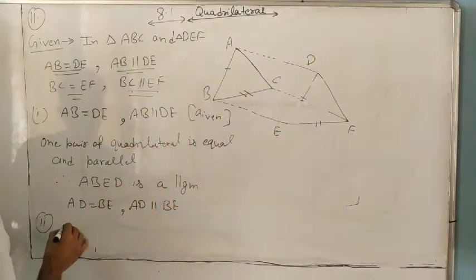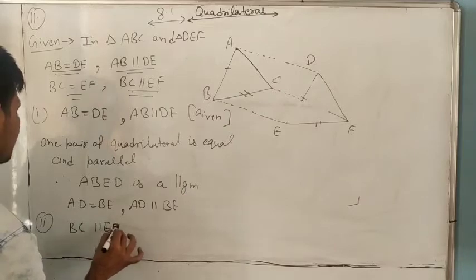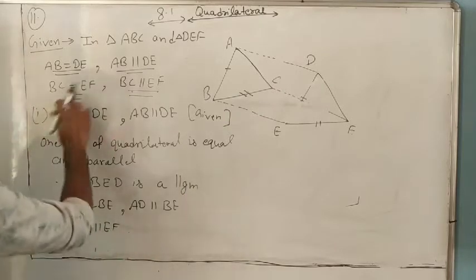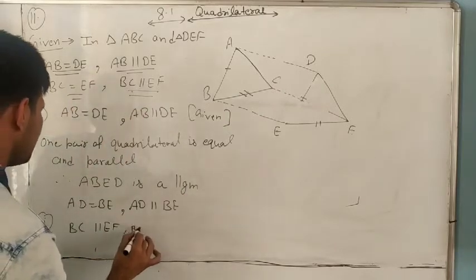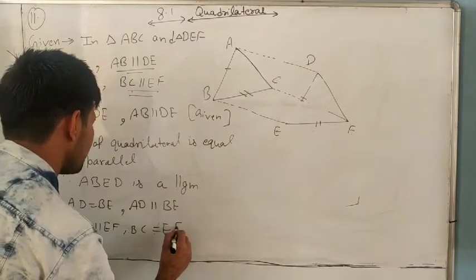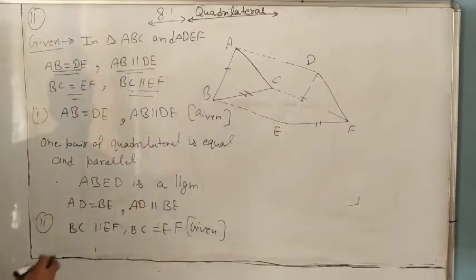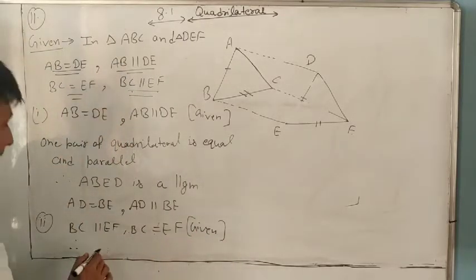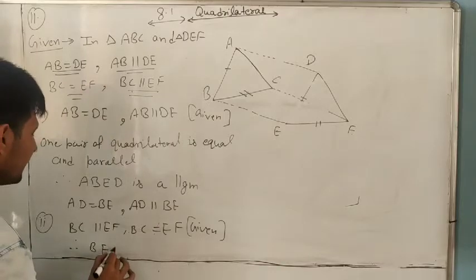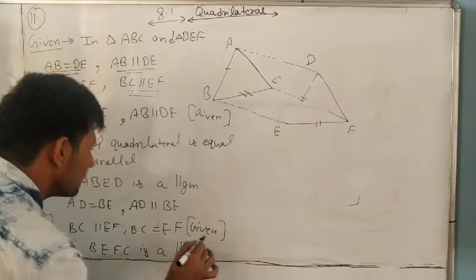So you write BC equal to EF, BC parallel to EF, given. For the same reason we will write: therefore BEFC is a parallelogram.